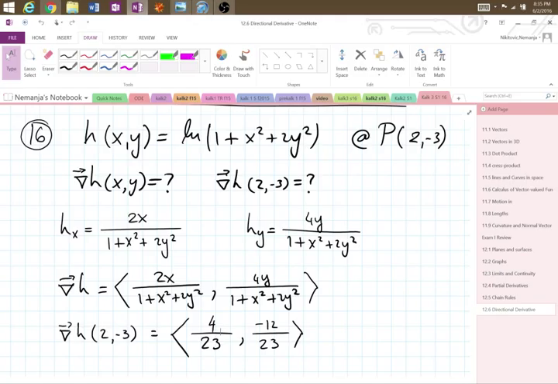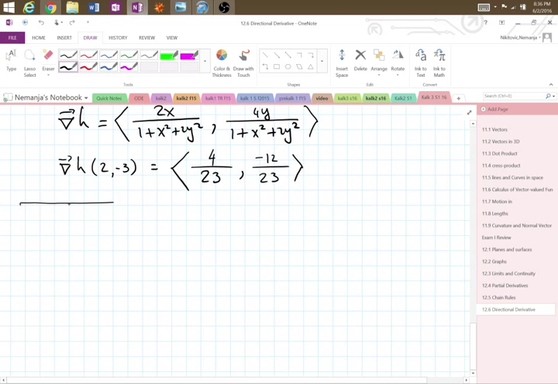So for any of these, the gradient will tell you the largest rate of increase and the largest rate of decrease. And that's one of the uses that you can explore and then later understand and then use eventually. So, directions of change.